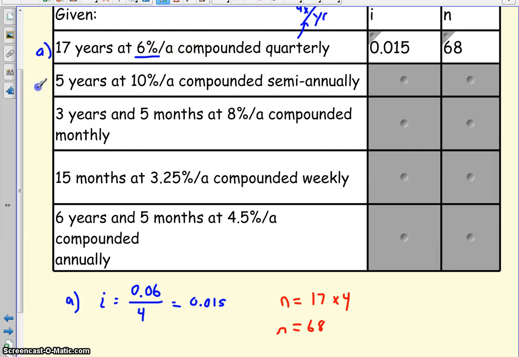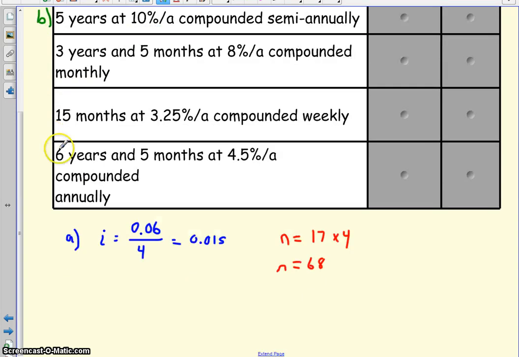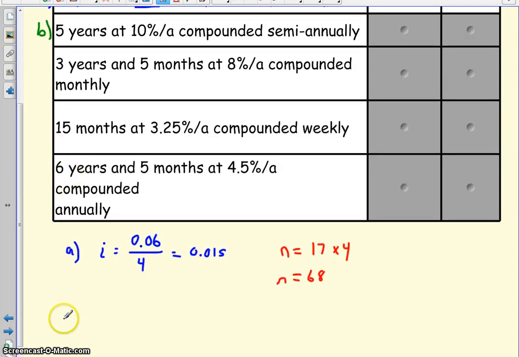E on your own. Okay, so in B, 5 years at 10% per year compounded semi-annually. Semi-annually will mean twice a year. So for i, we have 10%, which is 0.10. Twice per year, so divide 0.10 by 2, so you get 0.05.